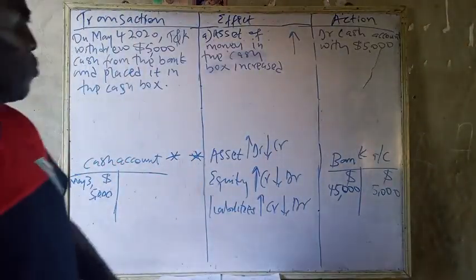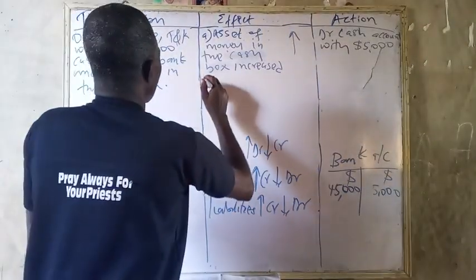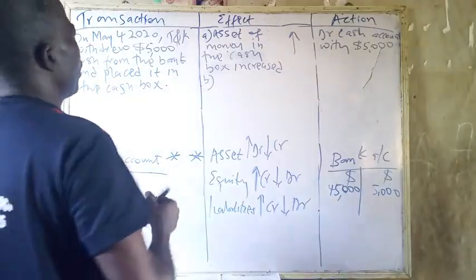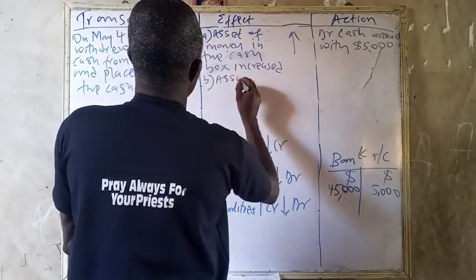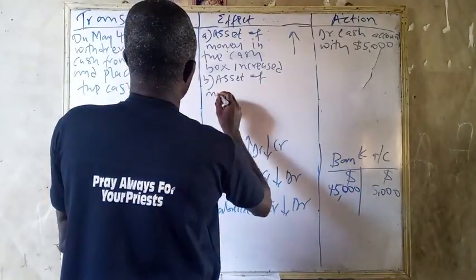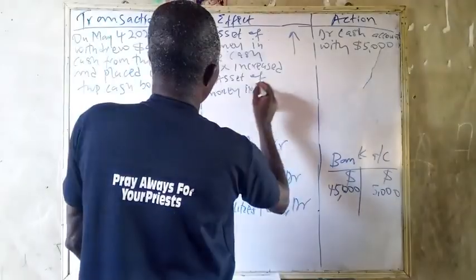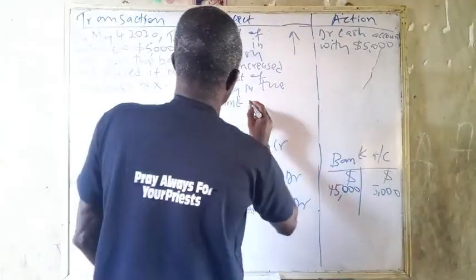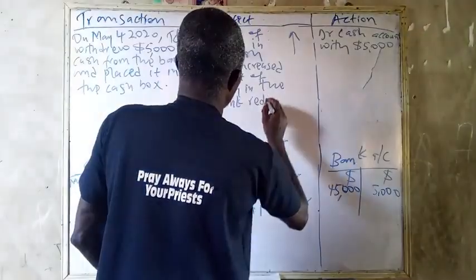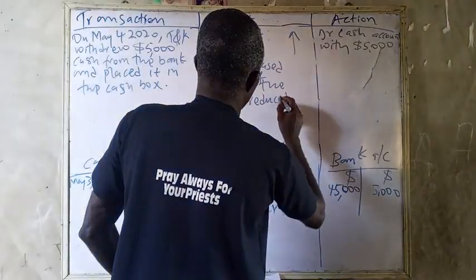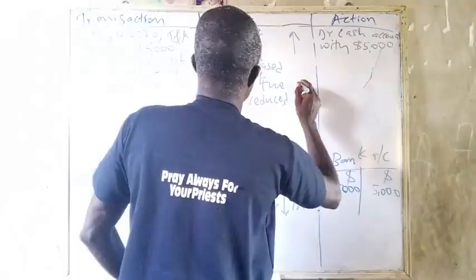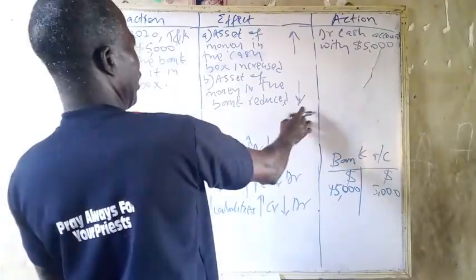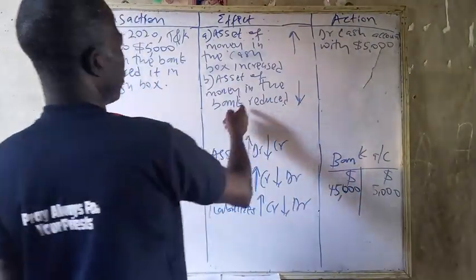Then what is the other effect? Effect B. That's in the bank. The asset of money in the bank reduced. That's the effect.